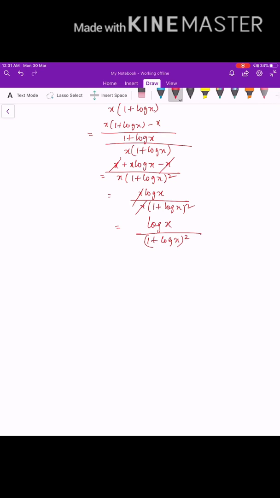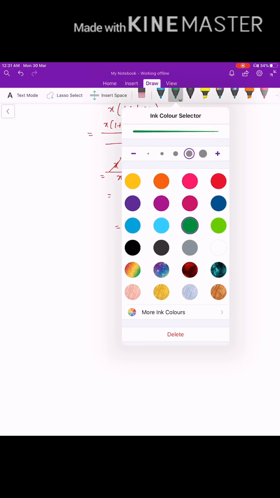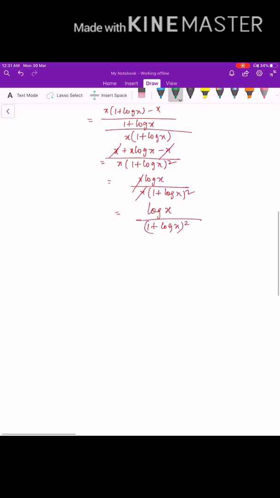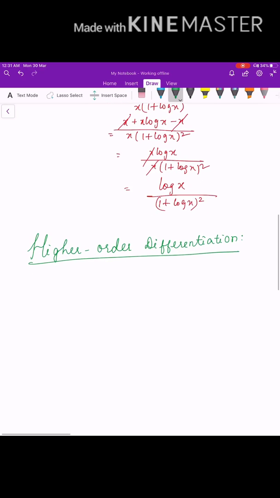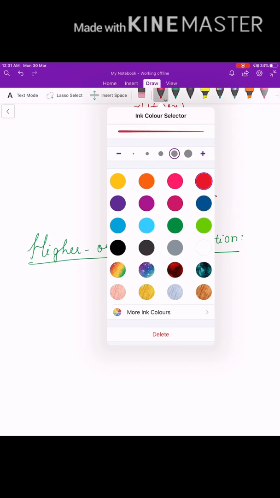Fine. The next concept which we are going to learn today is higher order differentiation. It is relatively a very easy concept.